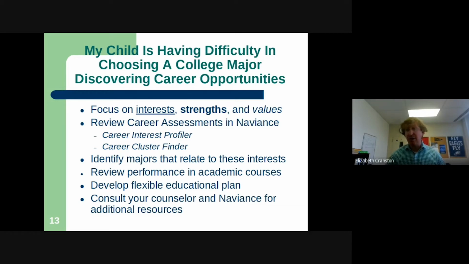Another one I recommend would be the Career Cluster Finder. It helps you identify your child's interests and discover career clusters. Remember, there are 16 different career clusters, and they could contain careers of their interest.